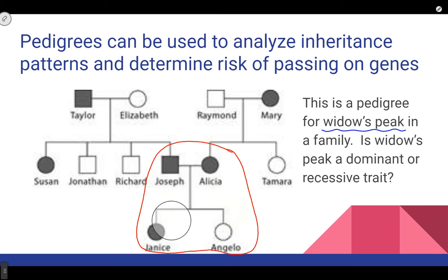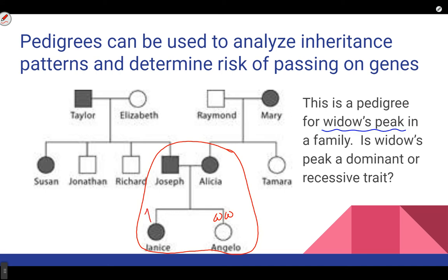So this has to be dominant, because then what are the genotypes of the parents? When you're looking at a pedigree, once you figure out whether it's dominant or recessive, the people who show the recessive trait, you can always determine their genotypes right away because they have to be homozygous recessive.